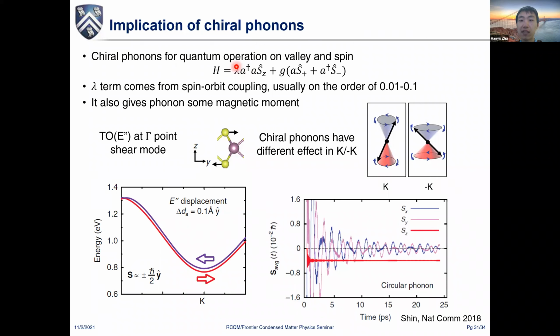So this is effective Zeeman splitting, right? That means the chiral phonons actually have some finite magnetic moment. So these are some theoretical predictions saying that indeed this effect does exist in two-dimensional materials. Once you start to have chiral phonons, it creates some finite magnetic moment.